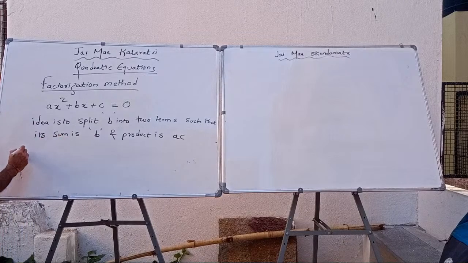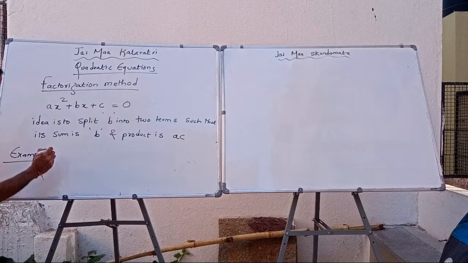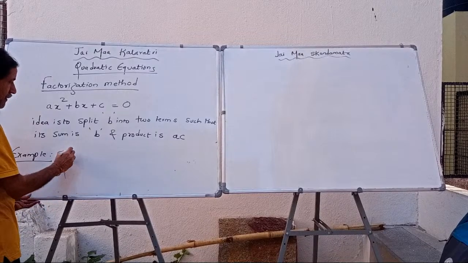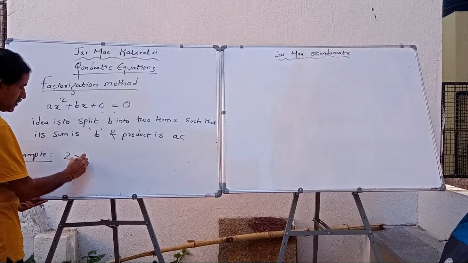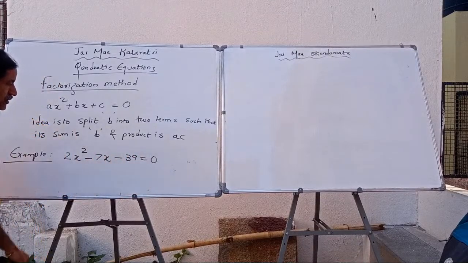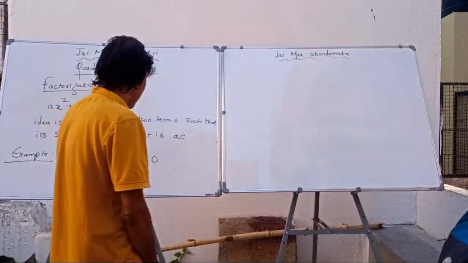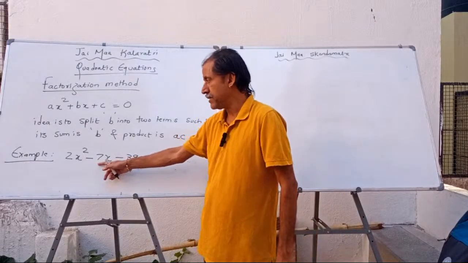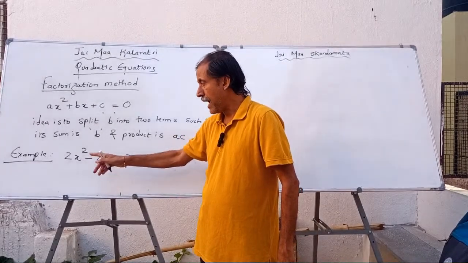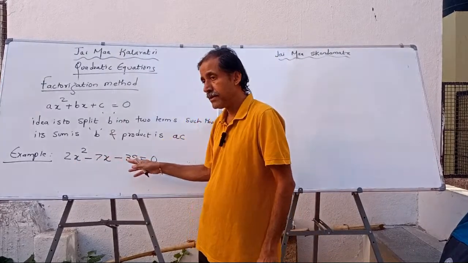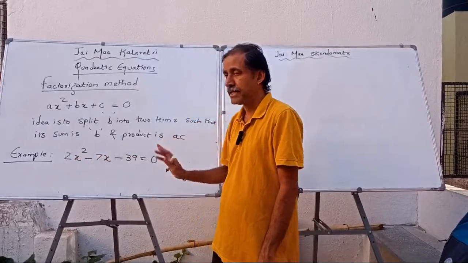So let's go back to the original example. This time we are not going to do trial and error. The equation was 2x square minus 7x minus 13. So now what should I do? Which is b here? Split minus 7 such that when I add the parts, it should be minus 7, and when I multiply, it should be a into c, that is minus 78.